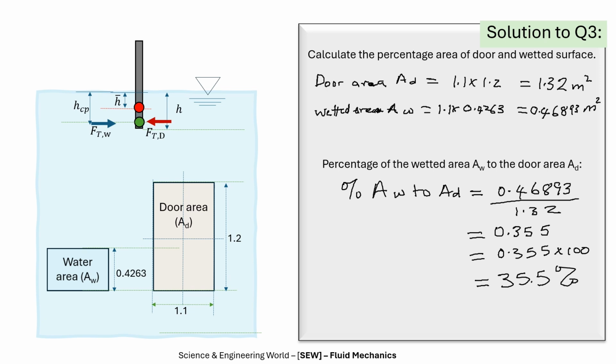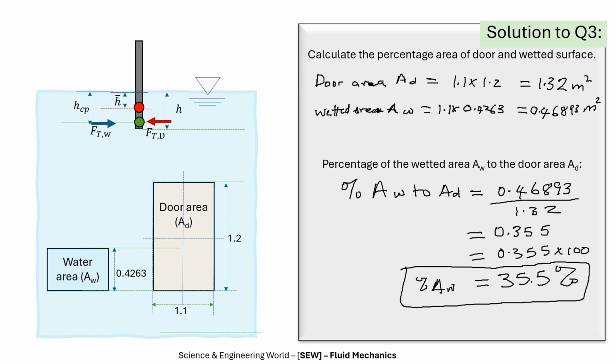So this tells us that if the wetted area is more than 35.5% of the door, then the driver will need external assistance to be able to come out of the car.